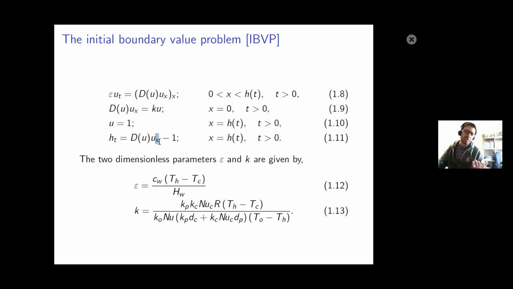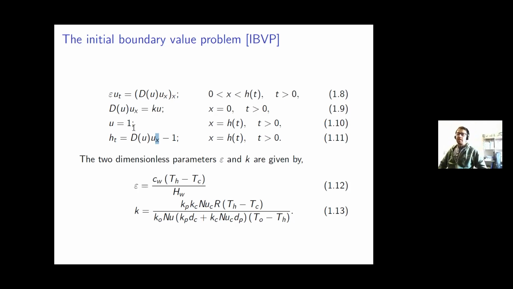But we suppress the notation afterwards because we don't want to keep writing dashes after everything. So really, the X and T's here have dashes next to them because they are the dimensionless variables. But we don't write that usually because it takes too much time and space.